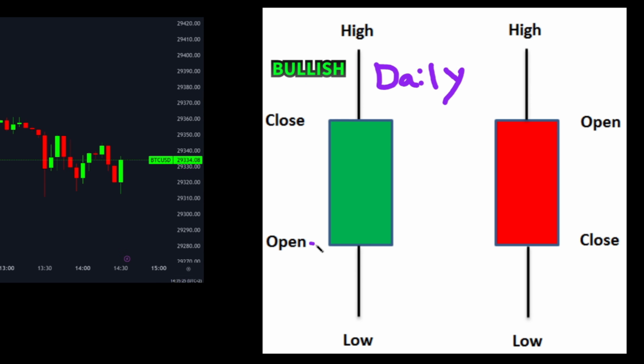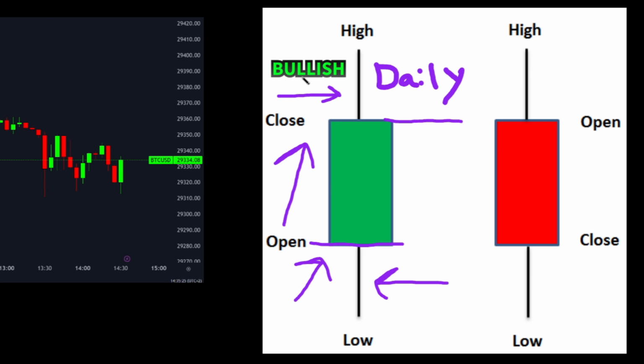The price opens or starts here at the lowest point of the wide part of the candle. So the day starts right here, and during a bullish candle, the price goes up, and at the end of the day, the price is all the way up at this point right here. But as you can see, for the candle, we also have a small black line below the green part and a small black line above the green part.